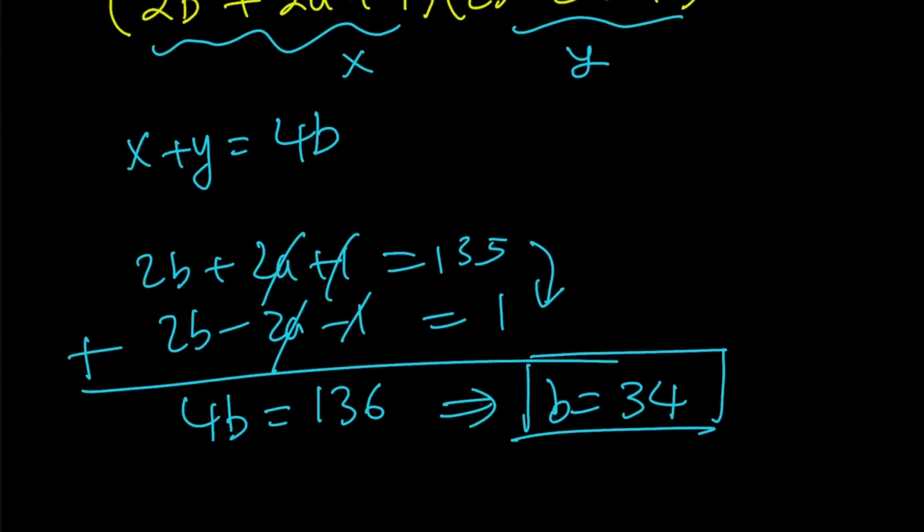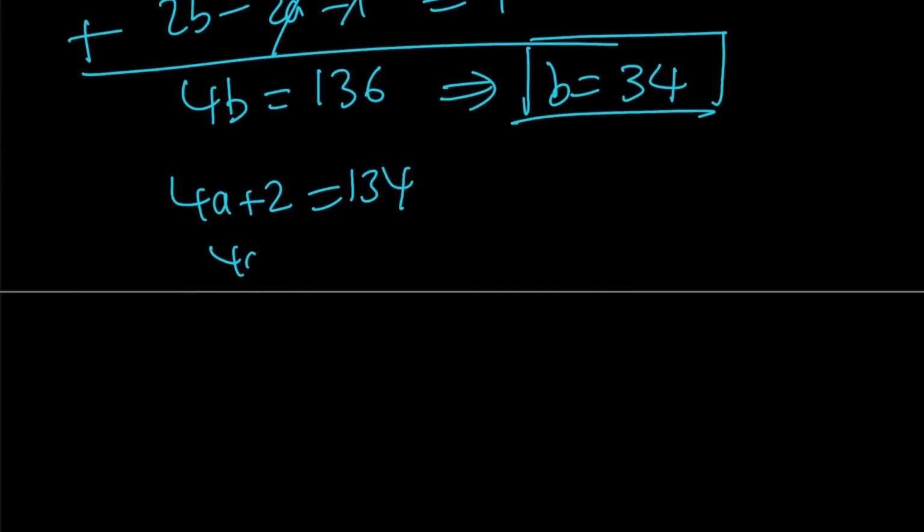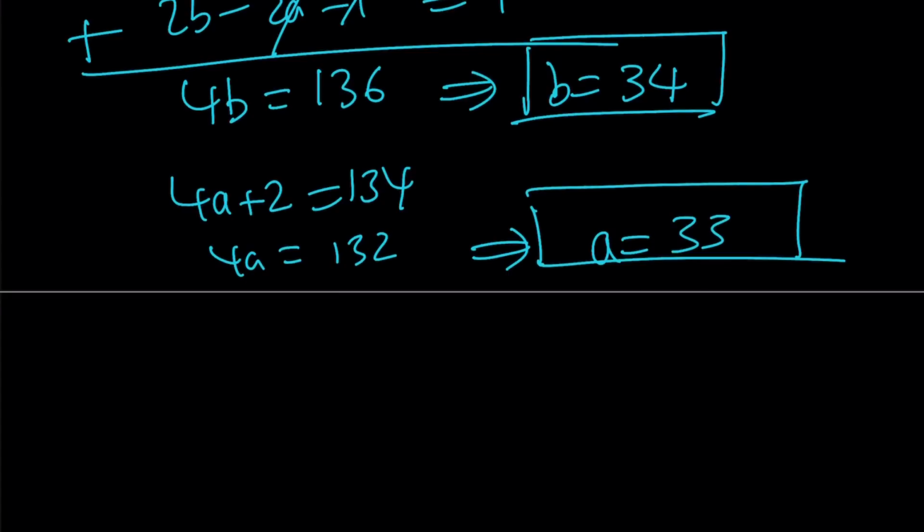That gives you 4a plus 2 is 134. From here you get 4a equals 132, and this gives you a equals 33. So that's going to give us one of the ordered pairs, 33, 34, which you can easily check to be a solution. All right, but that's not the only one.